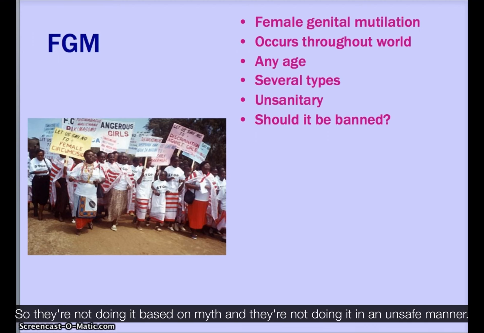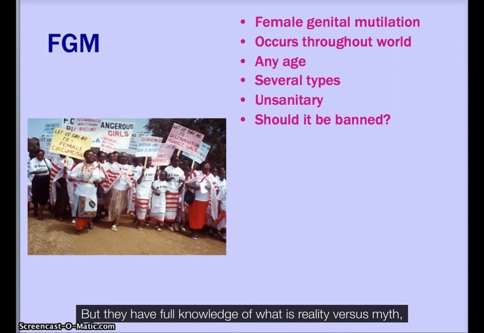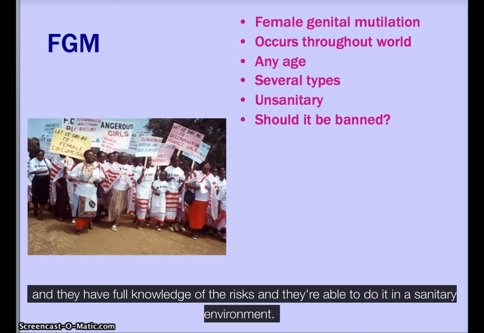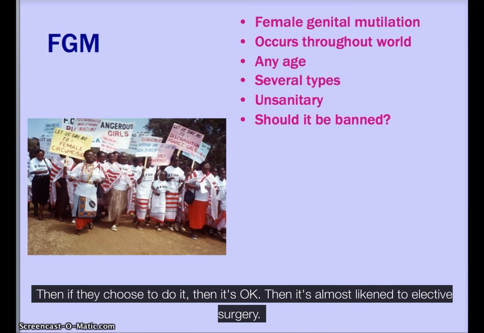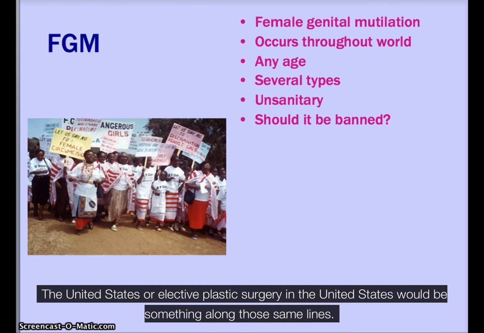They're not doing it based on myth, and they're not doing it in an unsafe manner, but they have full knowledge of what is reality versus myth, and they have full knowledge of the risks, and they're able to do it in a sanitary environment. Then if they choose to do it, then it's okay. Then it's almost likened to elective surgery, or elective plastic surgery, in the United States. It would be something along those same lines.